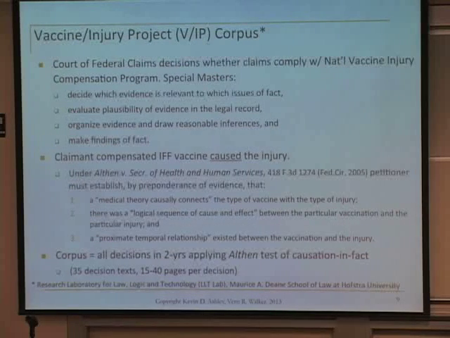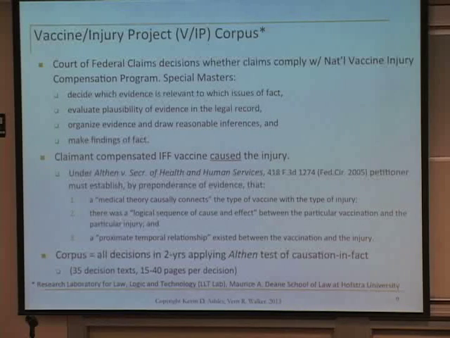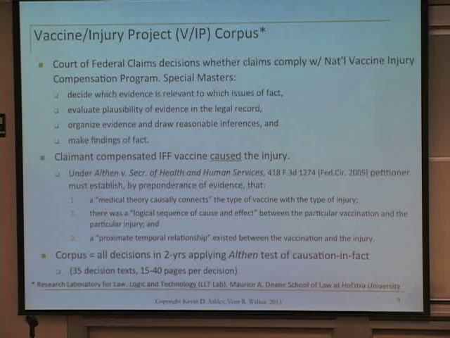Our domain is a corpus of cases decided by the Court of Federal Claims, and the decisions have to do with whether claims for compensation comply with the National Vaccine Injury Compensation Program. So plaintiffs have been injured by administration of vaccine.